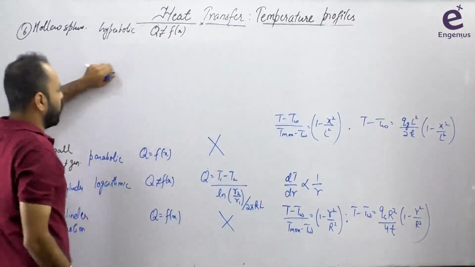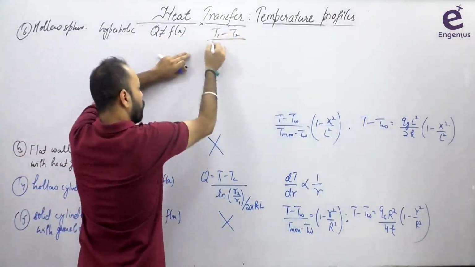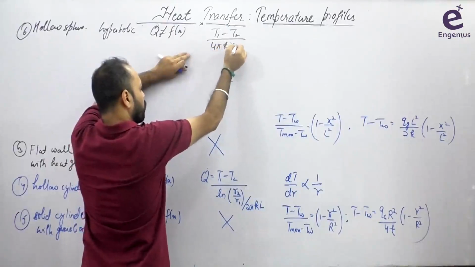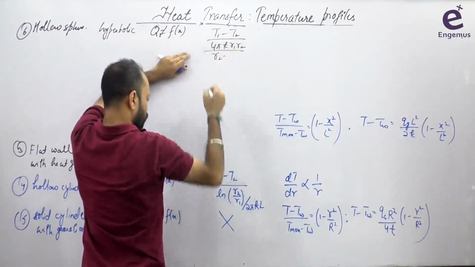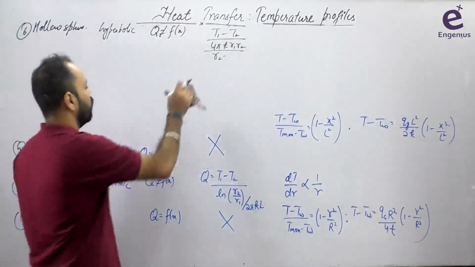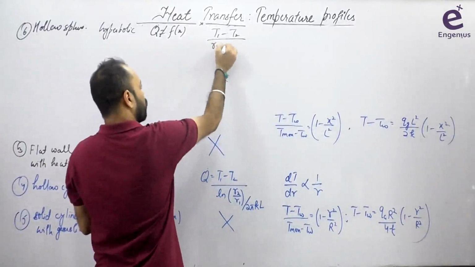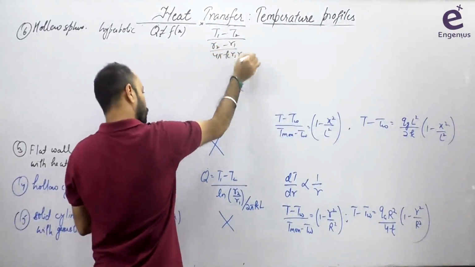Can you write like this? Yes, T1 minus T2 divided by R2 minus R1 by 4 pi k R1 R2, I think, right? Yes, it was R2 minus R1 by 4 pi k R1 R2, this is the resistance.